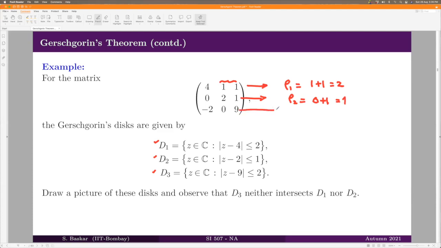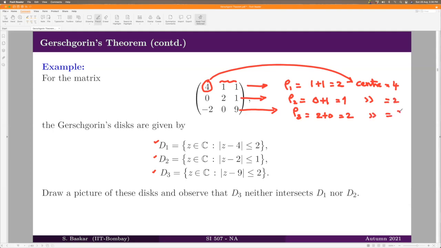And the third disk radius rho_3 is given by 2 plus 0, which is 2. Now, what is the center of the first disk? The center of the first disk is the diagonal element of the first row, and therefore it is 4. Similarly, the second disk center is 2 and the third disk center is 9.